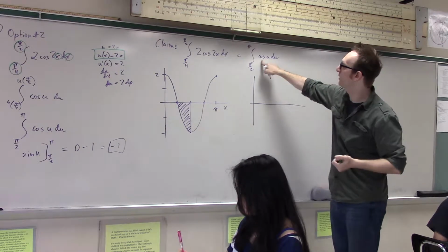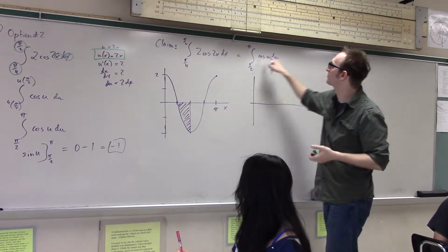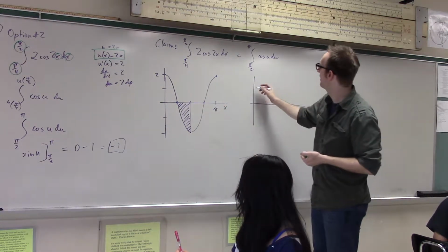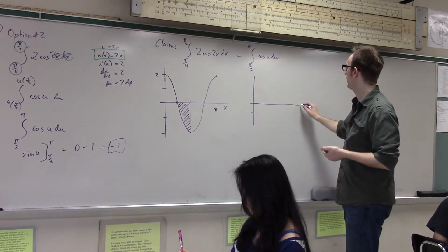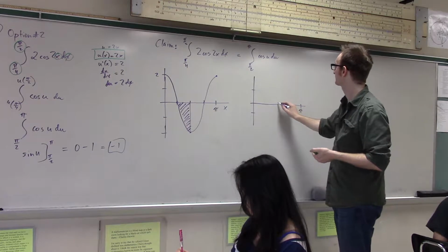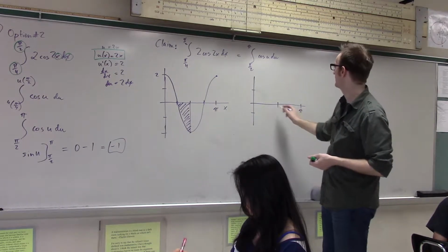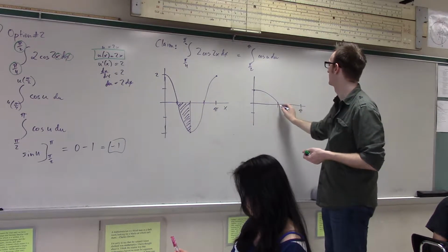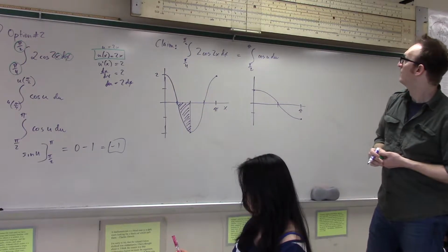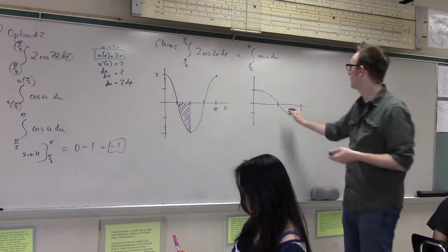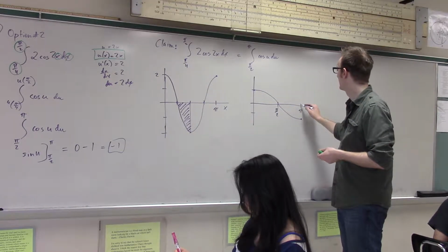And when we want to understand why this integral equals this integral, well, now I'm going to graph this function, cosine, on the interval 0 pi. Well, cosine on the interval 0 pi is going to look like that, right? You guys with me? And I'm going from pi over 2 to pi.